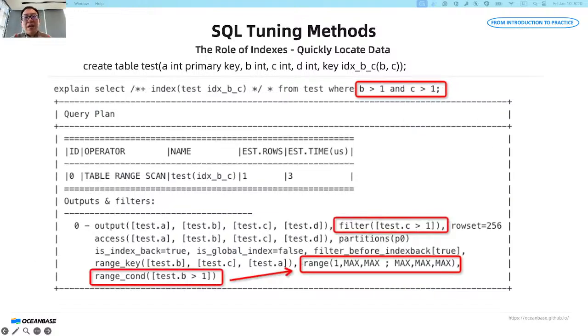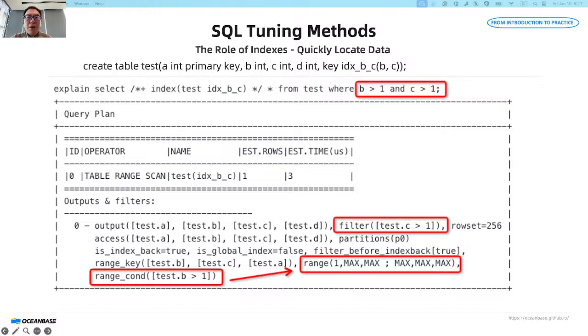The following SQL statement has filtering conditions of B larger than 1 and C larger than 1. When the query range is extracted on the index, only the first range predicate can be extracted. In this case, with conditions B larger than 1 and C larger than 1, the first column of the index is used as a range predicate. As a result, subsequent equality or range conditions cannot contribute to defining the range.